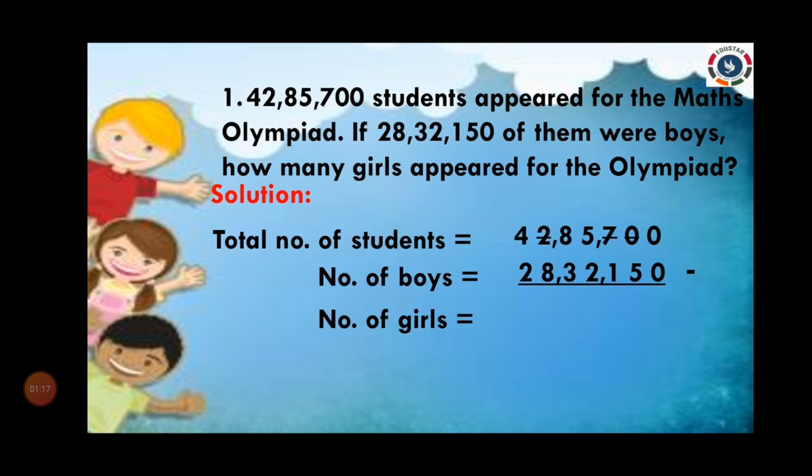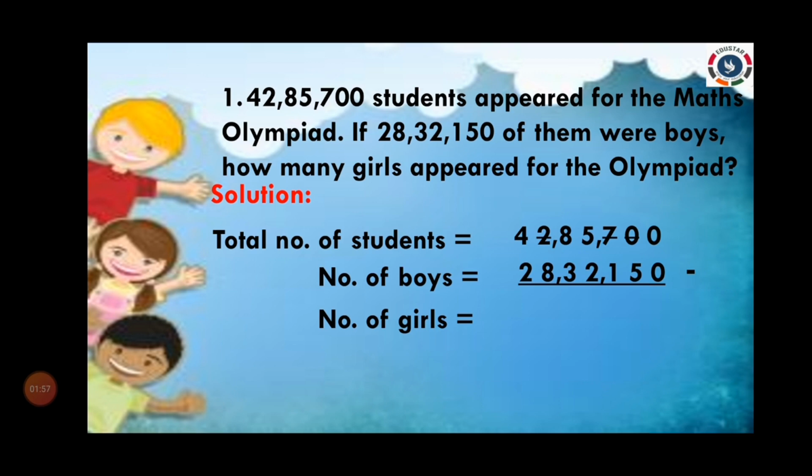For example, if you are having 10 mangoes and you ate 3 mangoes, how many mangoes do you have remaining? 7, isn't it? Like that, we know the total number of students and the number of boys, but we don't know the number of girls. That alone we want to find. So we want to subtract the number of boys from the total, and finally we get the number of girls.